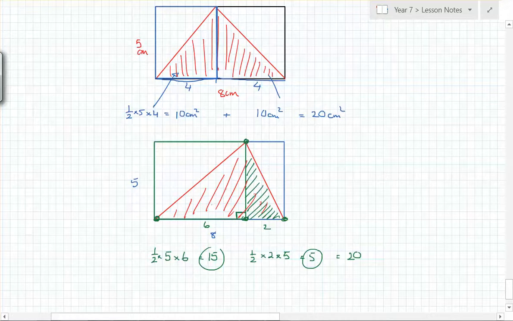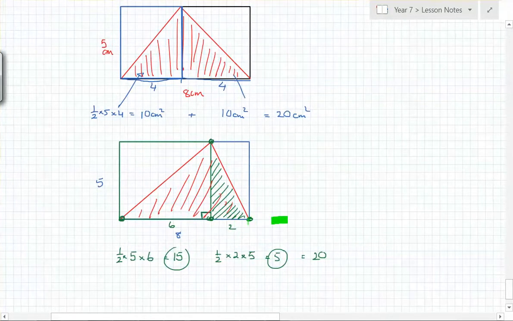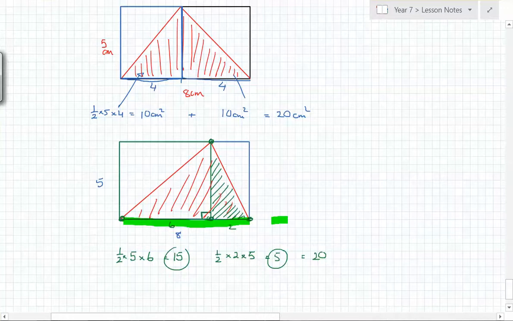Have you noticed how I don't know the length of this triangle here or here? I only know the base length, not the height. I know the base length, right? And I know the height of the triangle, okay? Now, this length and this length, I don't know, and I don't need to know.